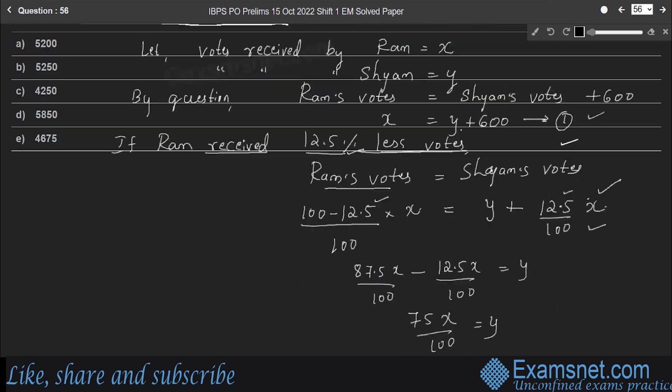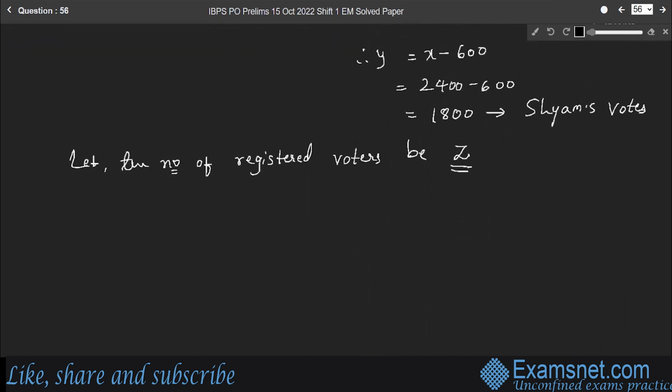Therefore, we can write, number of votes casted, 80% of Z is equal to Ram's votes plus Sham's votes.